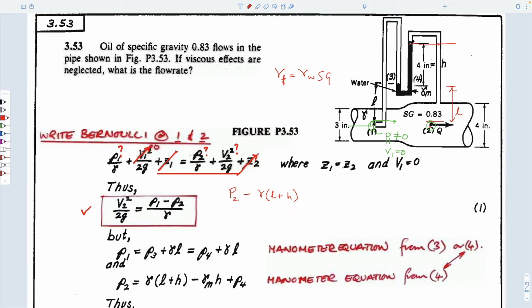We know we can go across the fluid to this point. Now we need to come down to here. So we go down plus H times the unit weight of water. Gets us here. We can go across here at the same pressure, plus L times the unit weight is equal to P1. We can subtract P2 off both sides.